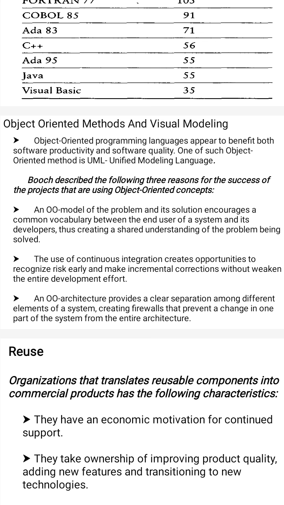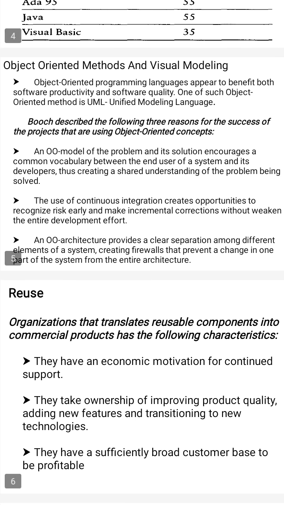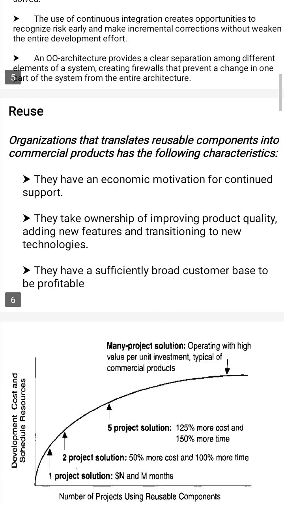Second, continuous integration occurs. By using continuous integration we recognize risks in the early phases, and making corrections is also easy. Third, object oriented languages provide an architecture, and by using this architecture we get a clear separation among the different elements of the system.